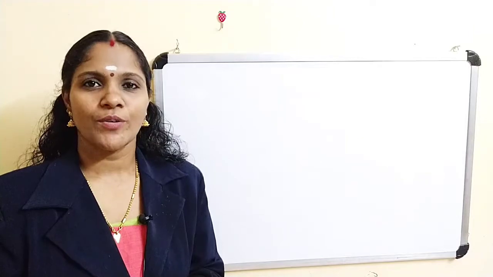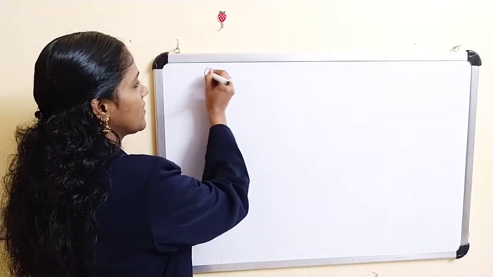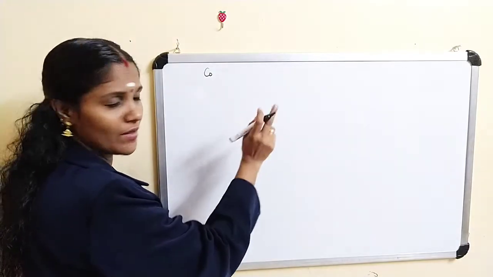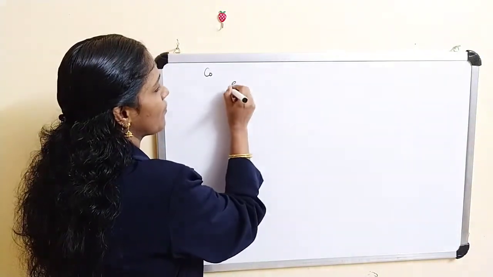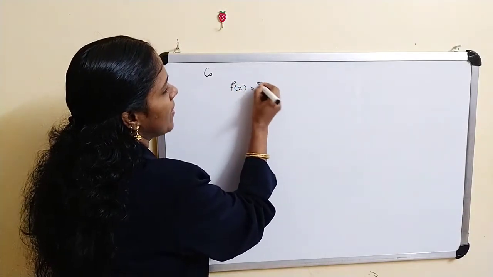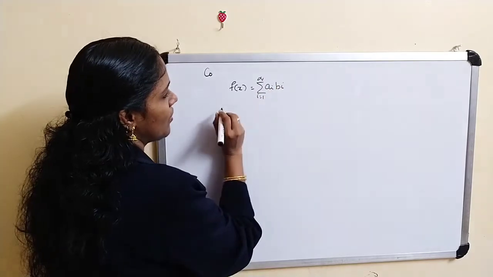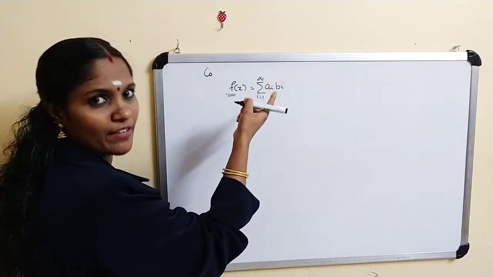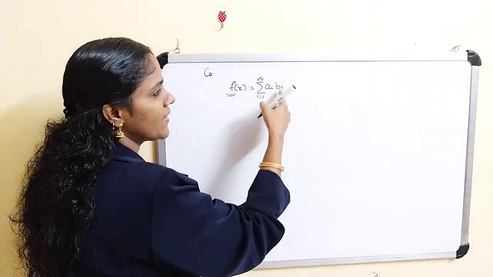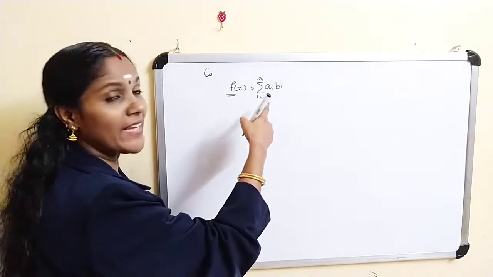So in each of these cases, in the case of c_0, we fix some sequence b_i in l^1 such that f of x equal to sigma i equal to 1 to infinity a_i b_i. So for each f belonging to the linear functionals, you can find a sequence (b_i), i varies from 1 to infinity in l^1.